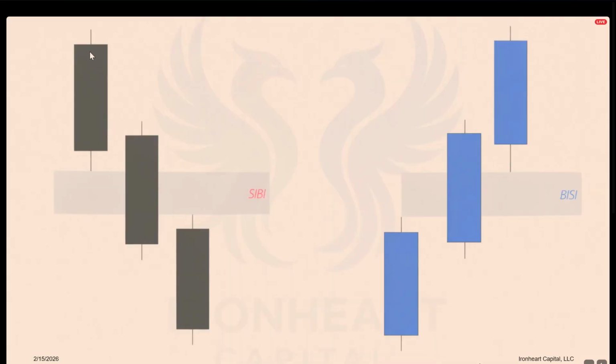So, same thing from that first example, right? Candle 1, 2, 3, wick low of this candle, wick high of this candle. Here is your sell side imbalance, buy side inefficiency, or bearish fair value gap.